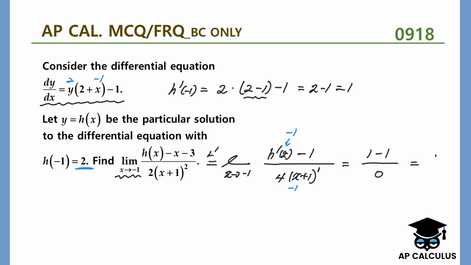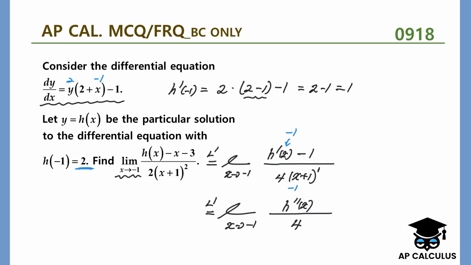So again, it's a 0 over 0 indeterminate form, so we're going to have to apply L'Hopital's rule one more time. Let me erase this. So that limit is equal to the limit as x approaches -1, the derivative of the numerator, that's going to be h double prime of x, and the denominator is just equal to 4.